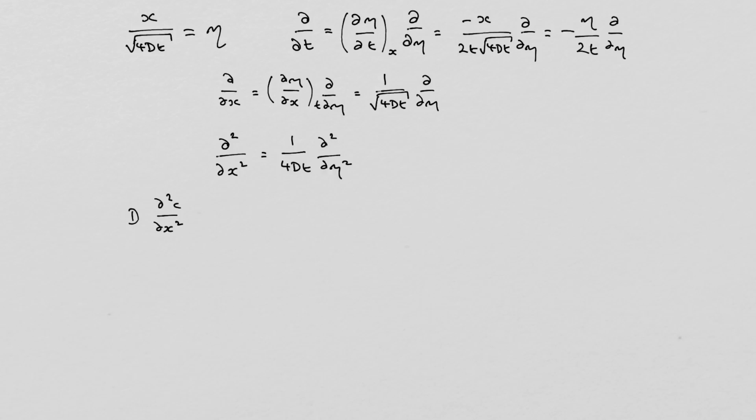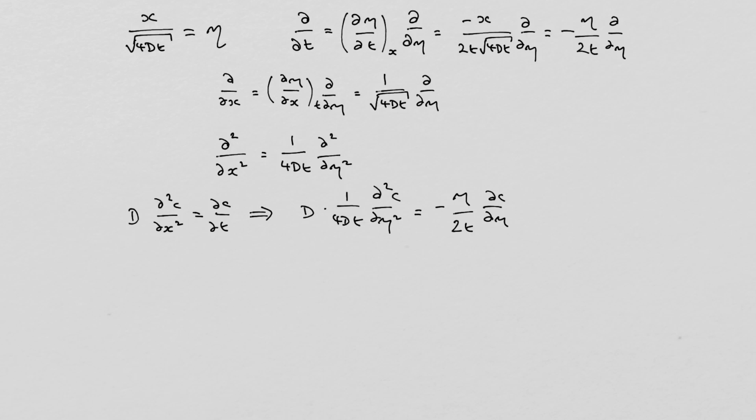Okay, let's use that now in the diffusion equation. d2c by dx squared equals dc by dt becomes 1 over 4 dt d2 by d eta squared of c equals minus eta on 2t dc by d eta.